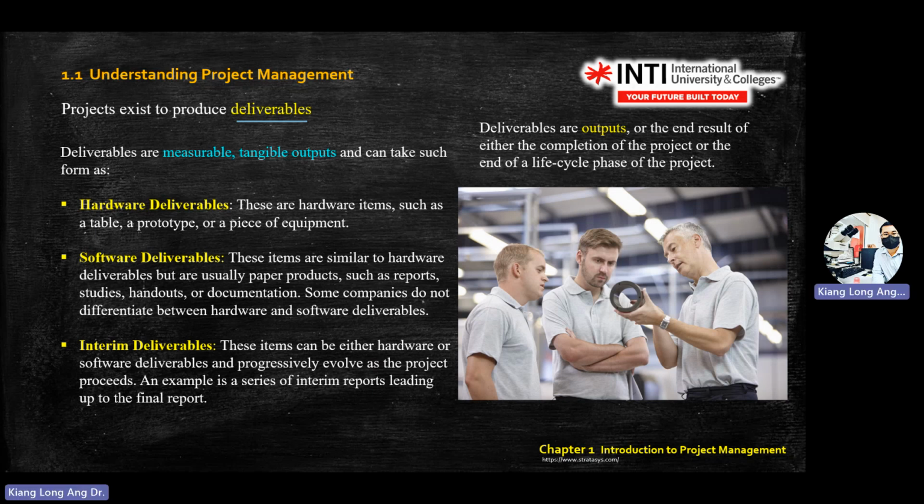Software is more on the reports, or nowadays the IT departments that deal with simulations. This is more the software output. And the interim is a combination of hardware and software. Interim means in the middle, in the process of the project.